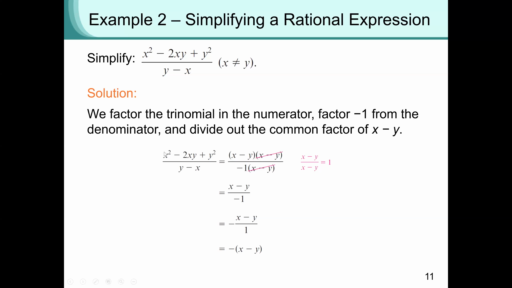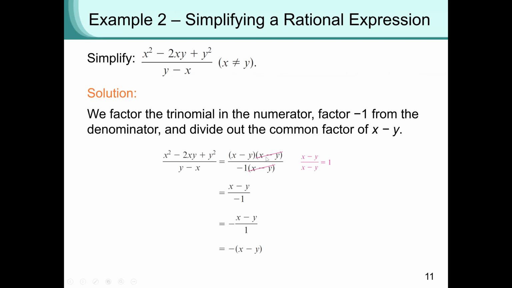So this is what we get. x squared minus 2xy plus y squared. If we do the factorization of a trinomial, we will get x minus y times x minus y. Again, we went through how to factorize polynomials already. So for example, for x squared, I'll put 1x and 1x.